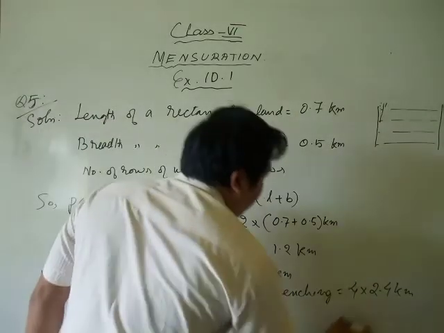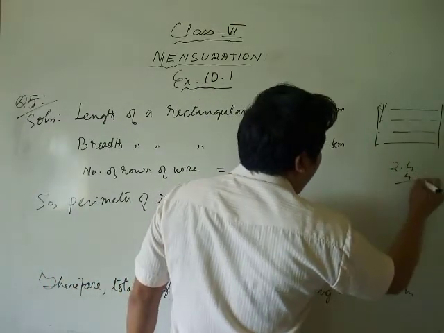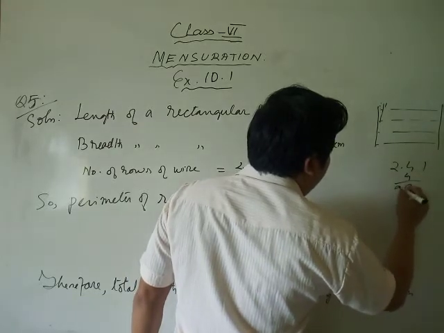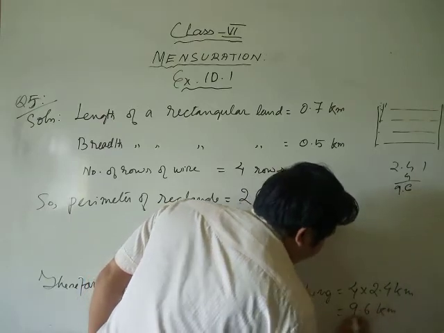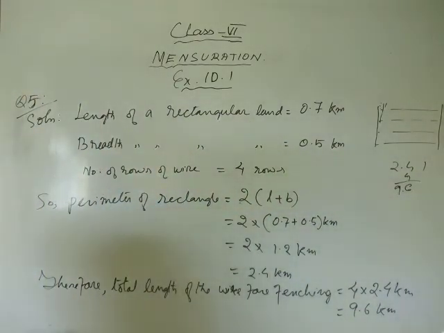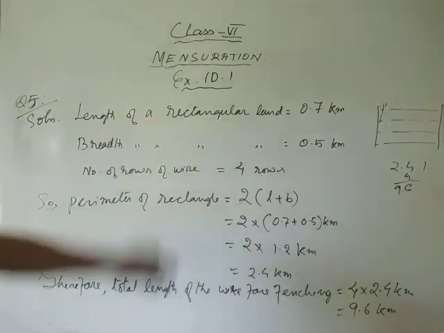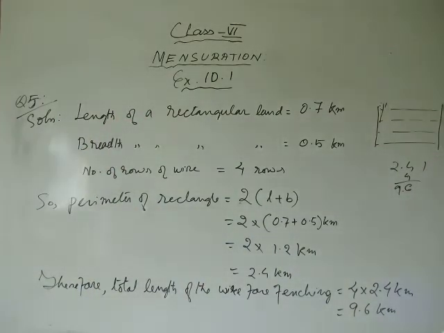So you multiply this, how much do you get here? 2.4 into 4. 4 fours are 16, 4 twos are 8, plus 1 is 9. 9.6. It is 9.6 kilometer of wire that is required. Okay. Please note down. So this is the answer.